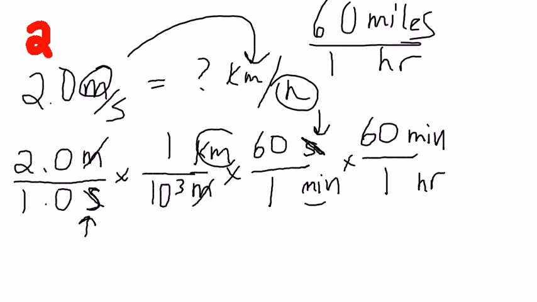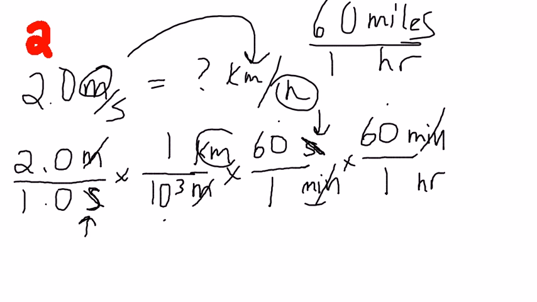So in order to get my final answer, I need to take 2, divide it by 10 to the positive 3, multiply by 60, and then multiply by 60 again.